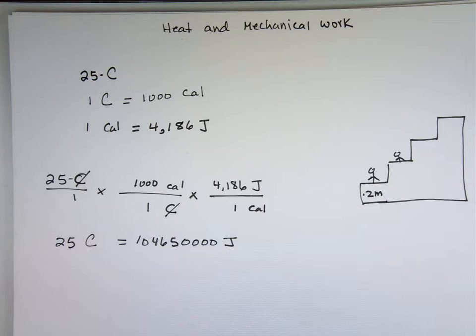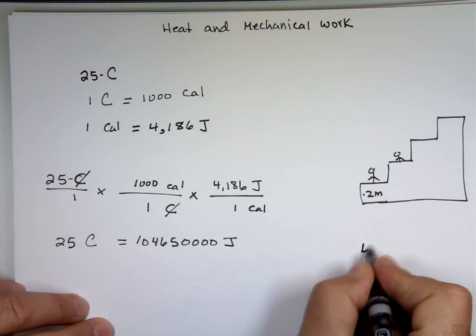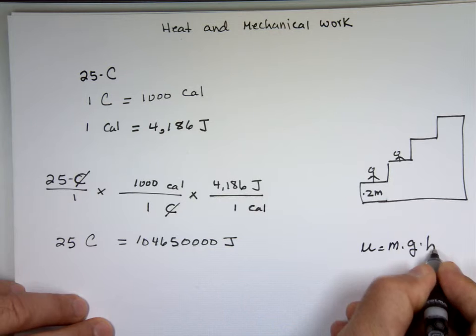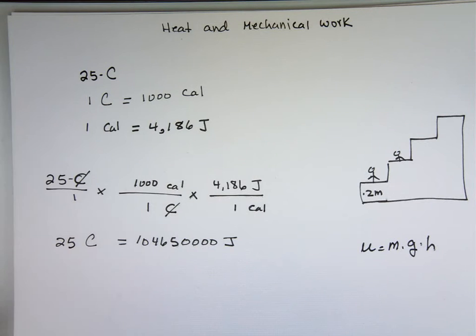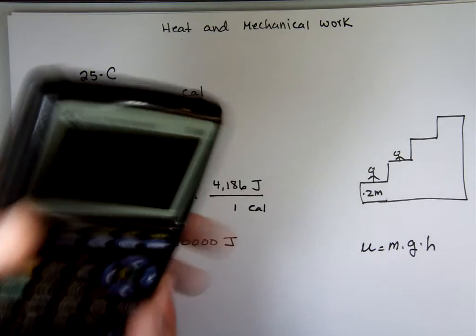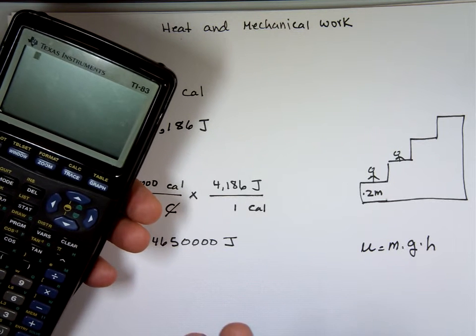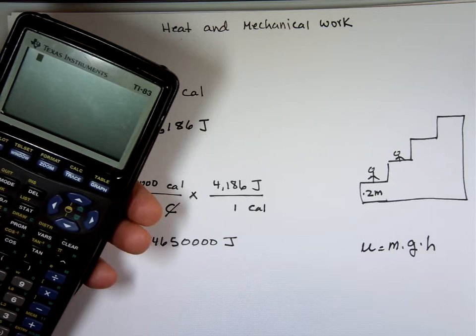When you're climbing, you're going uphill, that's potential energy. Calories, energy. Potential energy is mass times gravity times height. Let's take an average person. What do you want to use for how many pounds? 180 pound person?